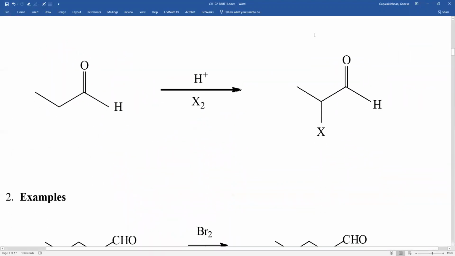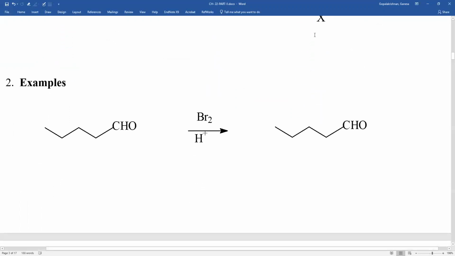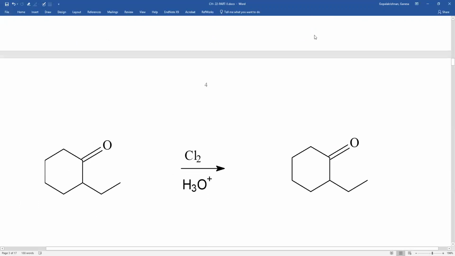The net reaction: we replace a hydrogen with a halogen atom. I presented it here. If you treat an aldehyde or a ketone with an acid and a halogen, one of the two hydrogens is replaced. The other hydrogen will be there. I have some examples. Aldehyde, you treat it with an acid and bromine, it replaces one of the alpha hydrogens with bromine.